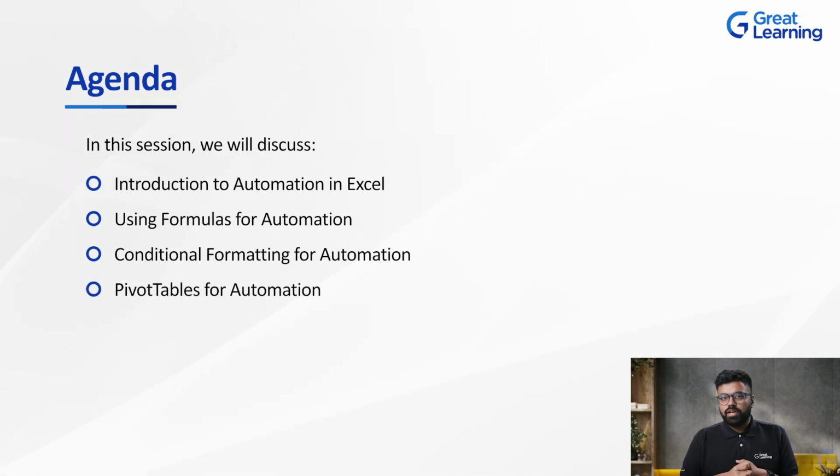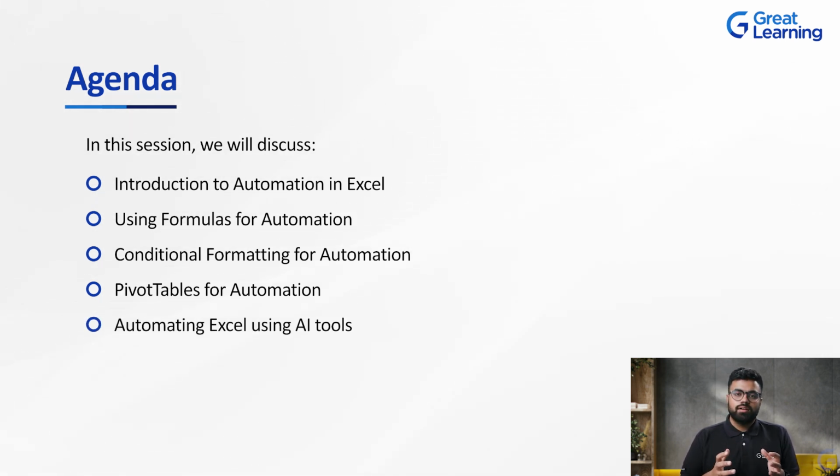We'll talk about pivot tables, how you can create and manage different kinds of pivot tables. Then at the end, we'll also talk about automating these tools using the AI tools that are currently in demand and popular, that can simplify our lives to another extent. Without any further ado, let's get started with our course.